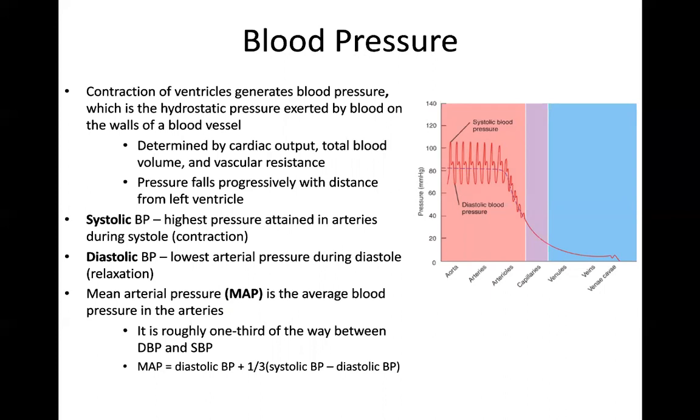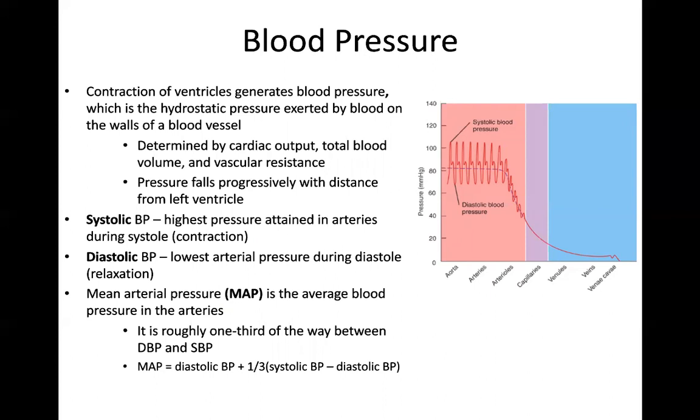So contracting your ventricles generates blood pressure. The fancy definition of blood pressure is the hydrostatic pressure exerted by our blood on the walls of a blood vessel. Several factors affect blood pressure. Cardiac output, a thing that we learned in our last lecture. Cardiac output, remember, is heart rate times stroke volume.